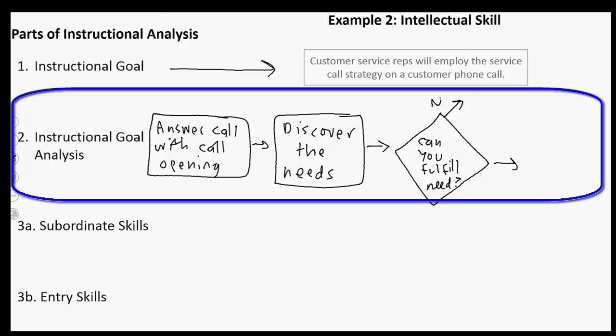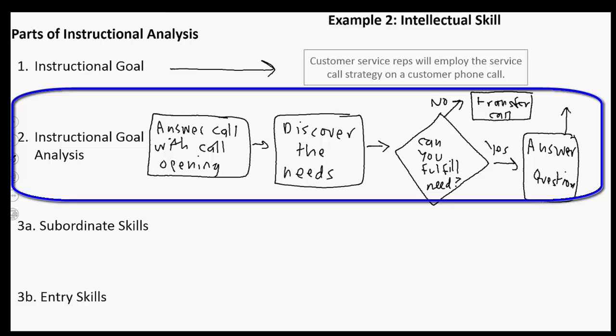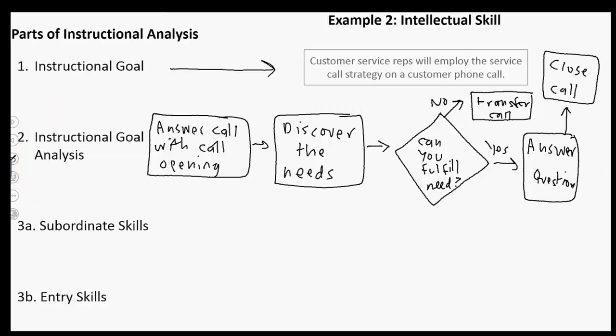So if no, then they probably need to transfer the call to somebody who can actually help the customer. But if it's a yes, then we can say answer their question. Okay? Now, once they answer the question, a next step is to go ahead and close the call. That's our final step. So this is my draft of our instructional goal analysis.